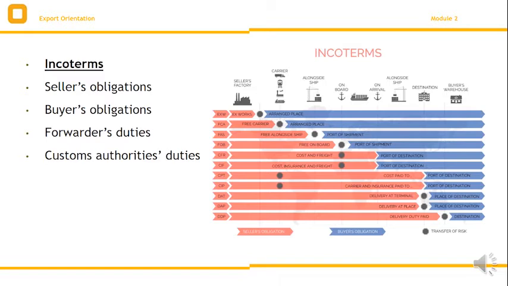Incoterms help us to define the physical movement of the goods from the seller right up until the importer. The image shows us the seller's responsibilities or obligations, with the transfer of risk indicated by the dot on the image, right up until the goods have reached the importer.